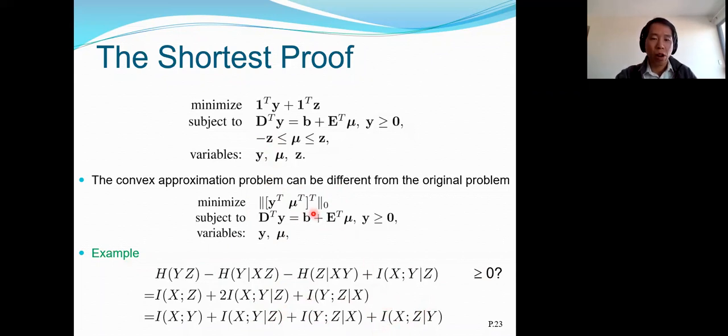For the L0 norm, it will give us this solution because the cardinality here is 3. But if we consider the L1 norm, basically it is adding the absolute values of all the coefficients in front of the Shannon's information measures. So in this case, they are all equal to 4.